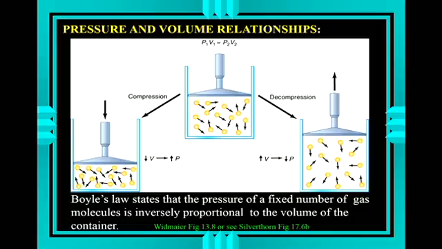Let's look at this nice diagram from Silverthorne, which shows that very clearly. Here we have a space. Here we have air molecules or liquid molecules, doesn't really matter, just molecules in orange in that space.